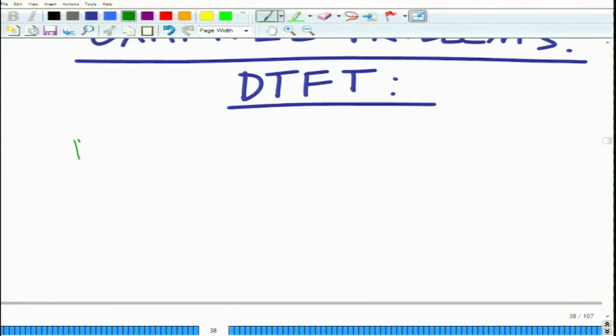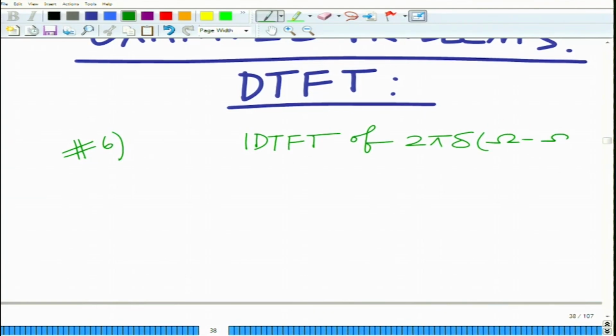Let us look at example number 6, it's fairly simple, that is the inverse DTFT, the IDTFT. So, we want to find the IDTFT of this signal, that is 2 pi delta of omega minus omega naught. The IDTFT can be found as follows.